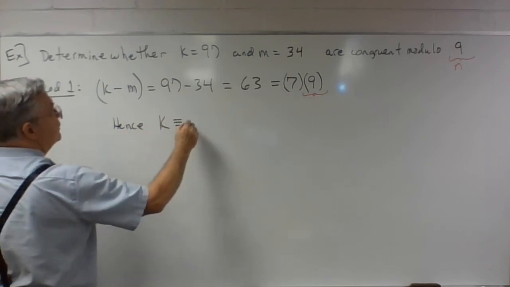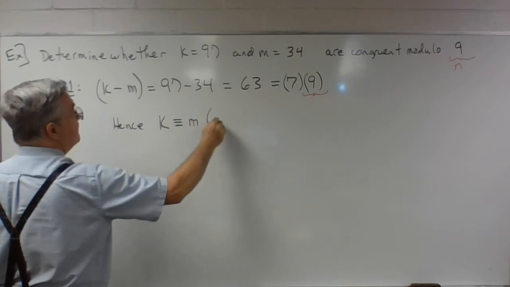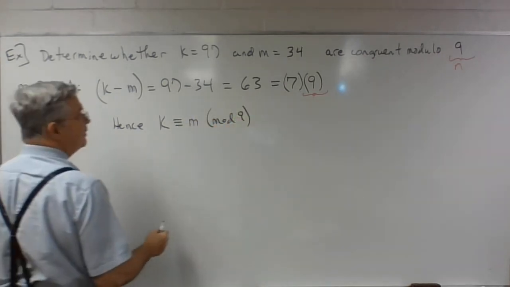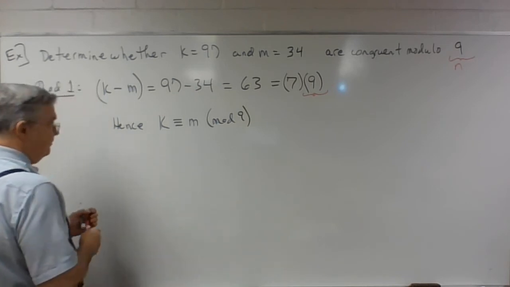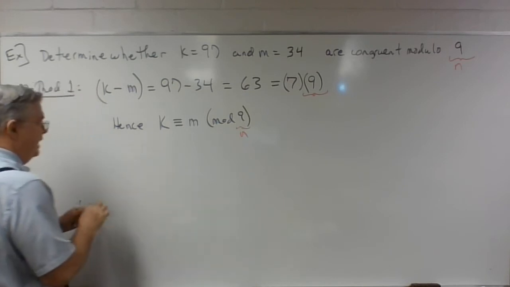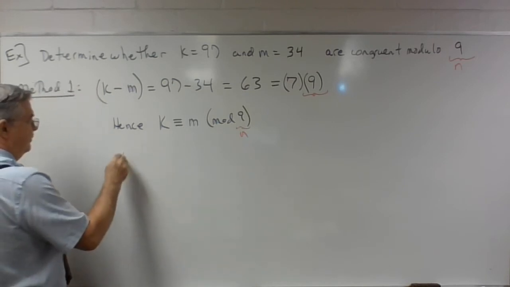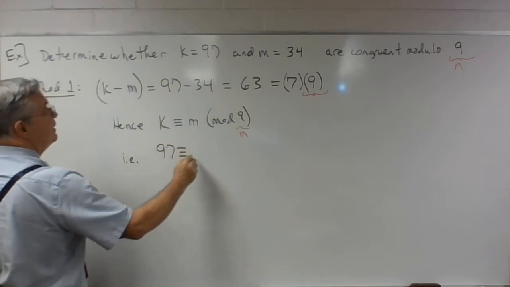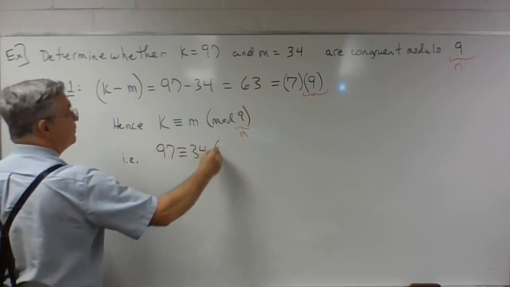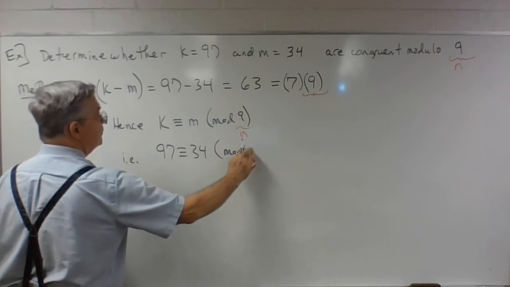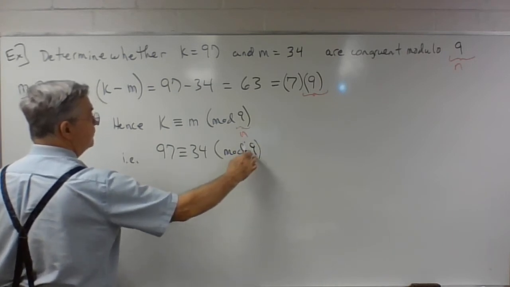So k is congruent to m modulo 9, where 9 is our n. And using the actual numbers, 97 is congruent to 34 modulo 9.